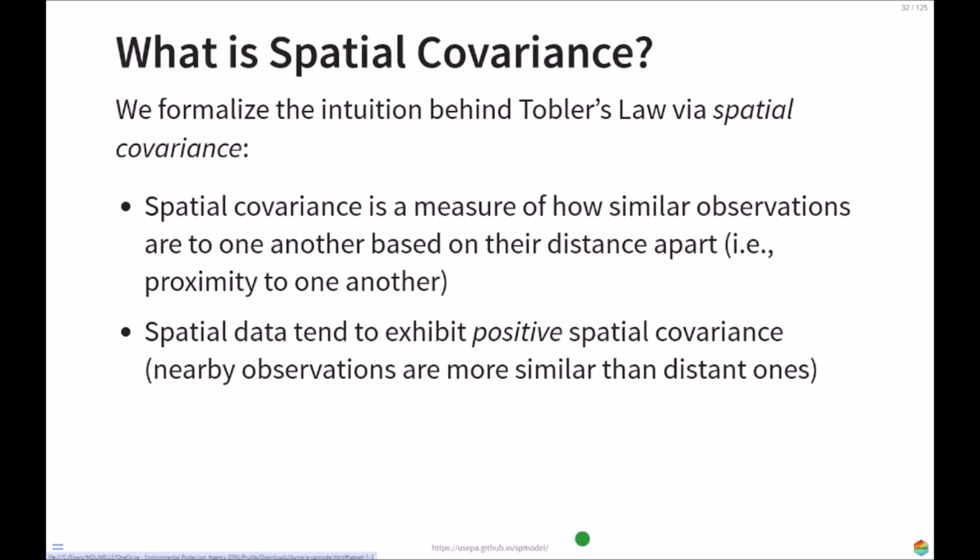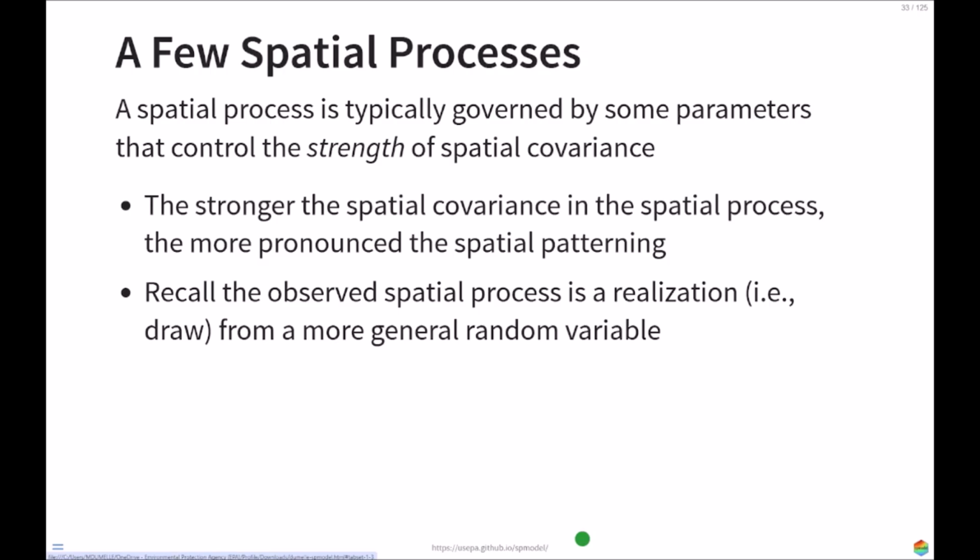Spatial data tend to exhibit positive spatial covariance, which means that nearby observations are more similar than distant ones. Spatial processes, we typically assume, are governed by some parameters that control what we call the strength of spatial covariance. The stronger the spatial covariance in that process, the more pronounced the spatial patterning that you see visually.